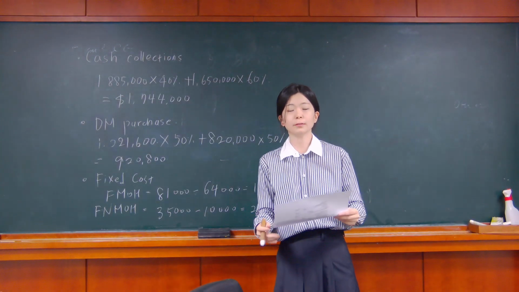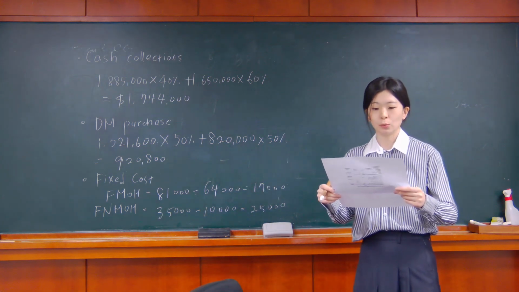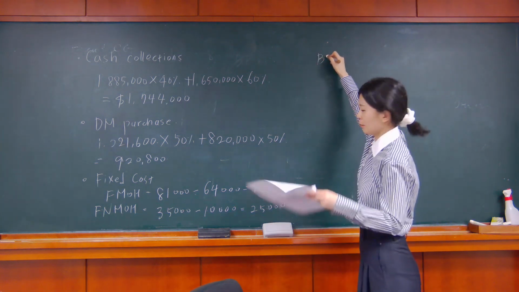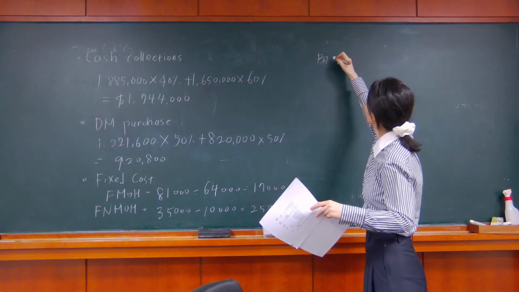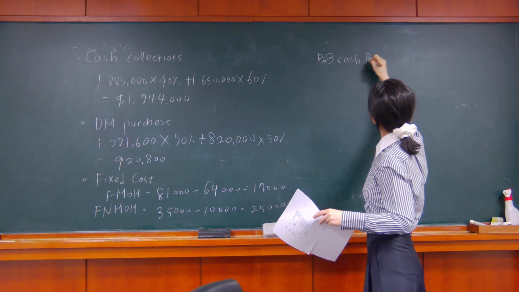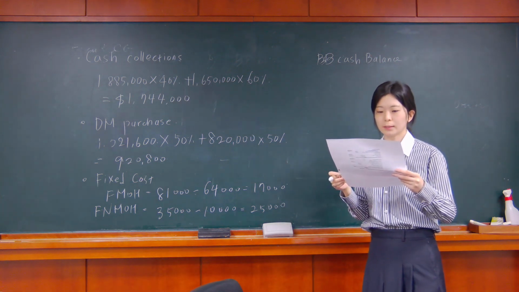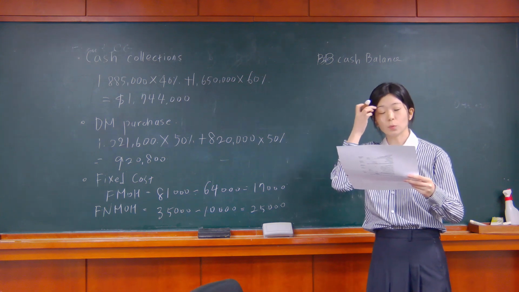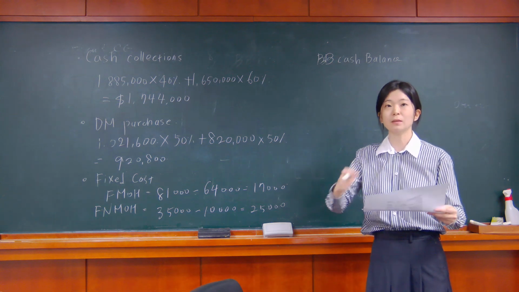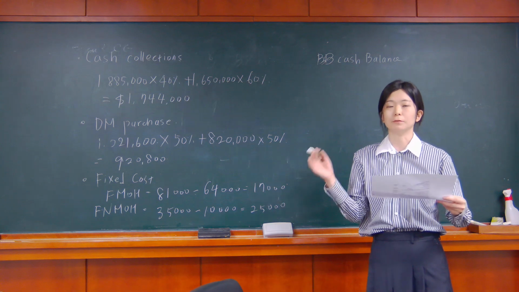Okay. So now let us really prepare the cash budget for January 2021. So we start from the beginning balance. It says the beginning balance is $124,000. So the ending balance of the previous month should be equal to the beginning balance of January, right?